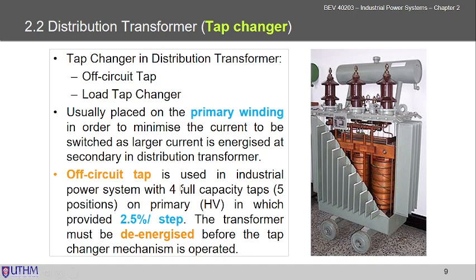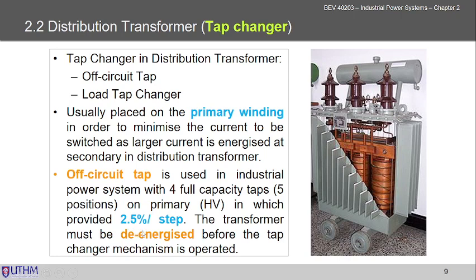And the off-circuit tap is normally used in the industrial power system, with 4 full capacity taps. That means you have 5 positions: the normal one, 0, 1, 2, 3, and 4. Each tap will provide about 2.5% per step. Why 2.5?